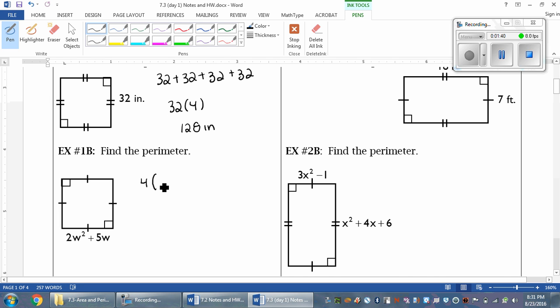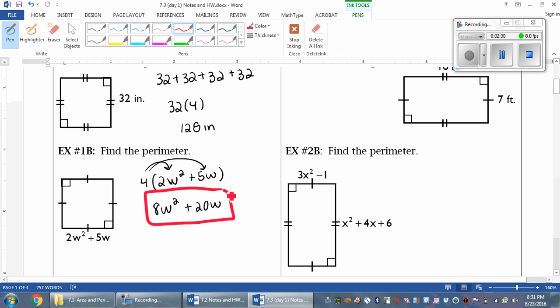So we do 4 times 2w squared plus 5w. And from yesterday's lesson, you should remember to distribute. 4 times 2w squared is 8w squared. And 4 times 5w is 20w. So the perimeter of this square is 8w squared plus 20w.